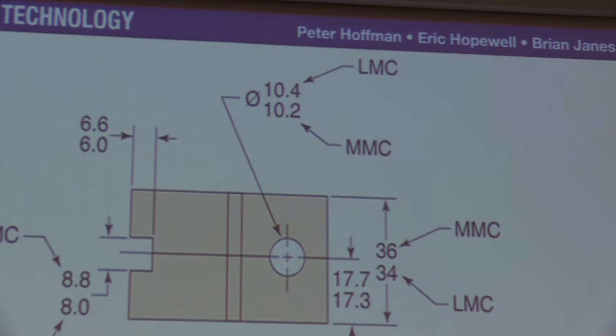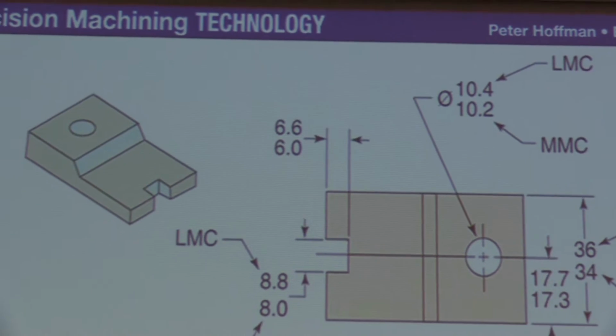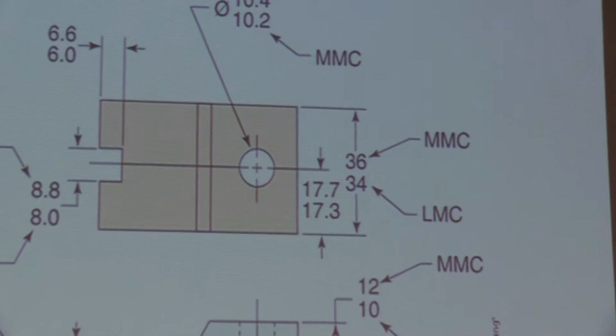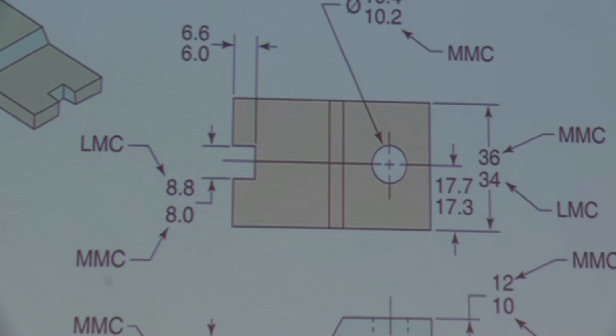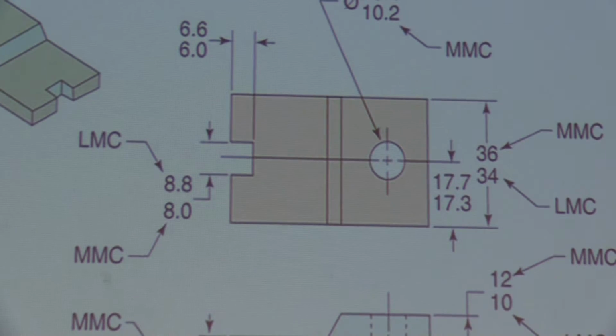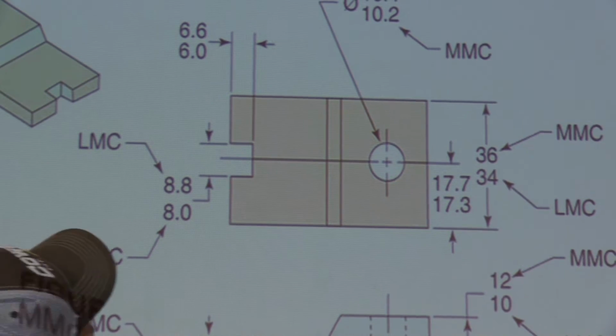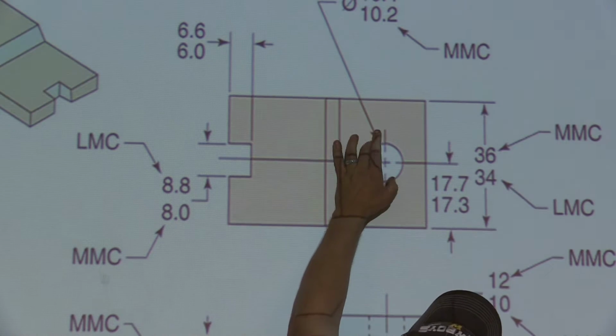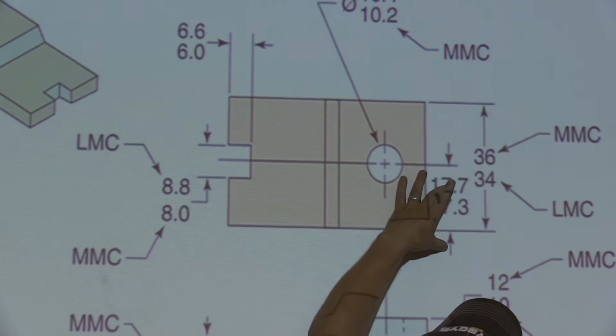These are basically, you may see these instead of having a specified number with a print tolerance, this is what it's giving you, 10.4 to 10.2, 6.6 to 6.0, moving in that direction, okay? You can tell even the position of this measurement gives you not just the diameter size, but now this position as well.